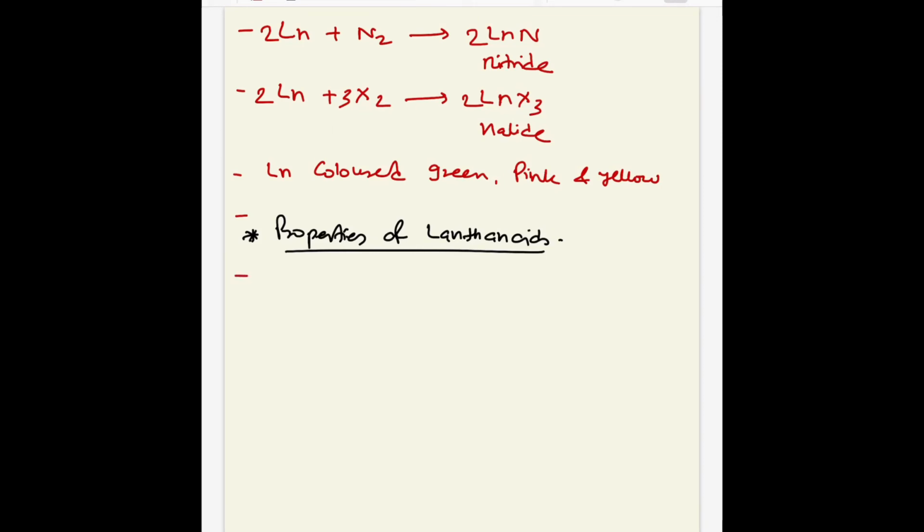First, lanthanoids are soft metals with silvery white color, and they have moderate density. Color and brightness reduce on exposure to air.